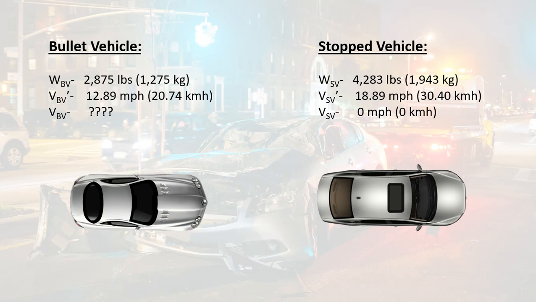And the really good thing about the equation we're going to look at is that it does not matter if you put your units in as kilometers an hour or miles per hour. It's basically just ratios and multiplication and division. So if you put kilograms and kilometers an hour in, you're going to get kilometers an hour out. If you put pounds and miles per hour in, you're going to get miles per hour out.